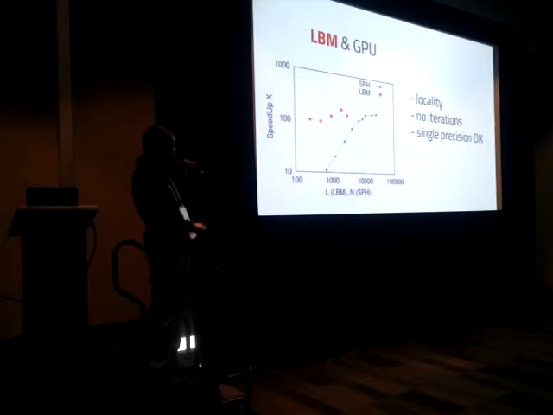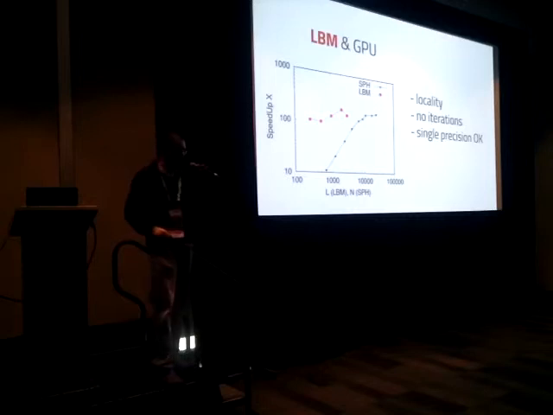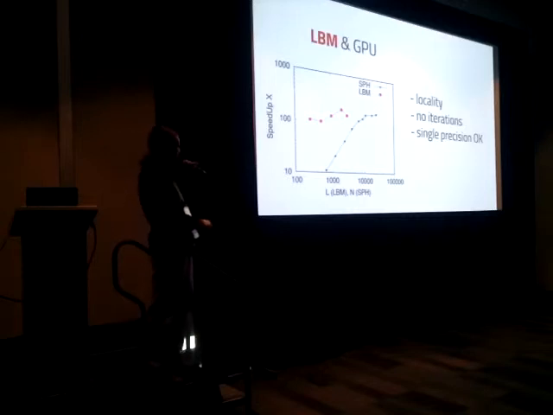And there is a plot of the speedup of a lattice Boltzmann code, where on the right-hand side, on the bottom, on the x-axis, you have the number of lattice points.